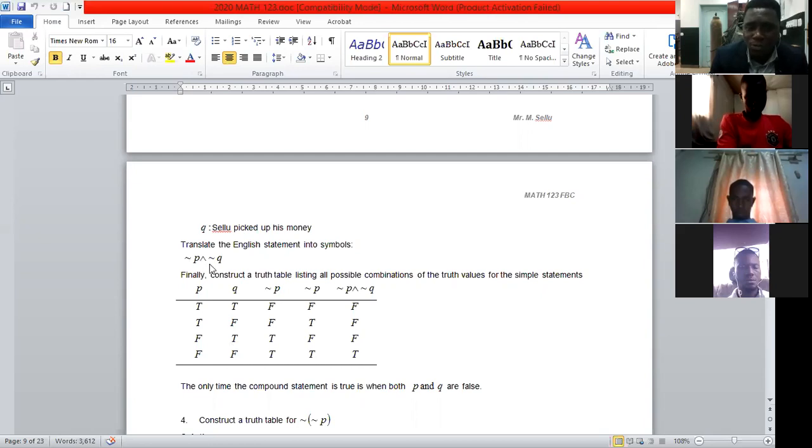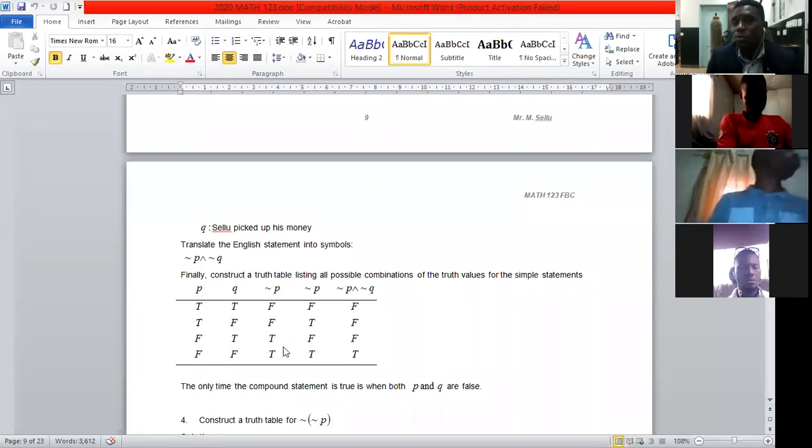If I want to construct the truth table for this, I need to get the negation of P. Look at this: true becomes false, true also becomes false, false becomes true, and false also becomes true.